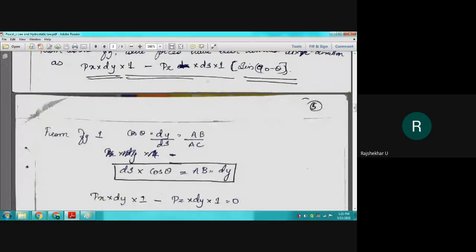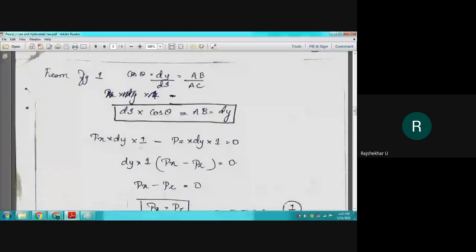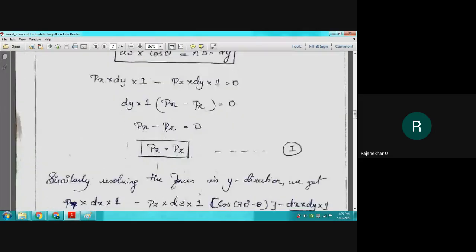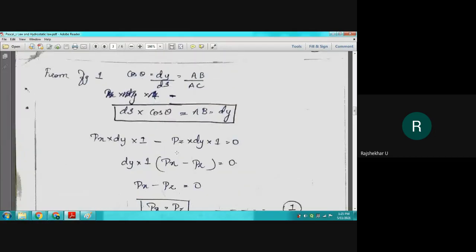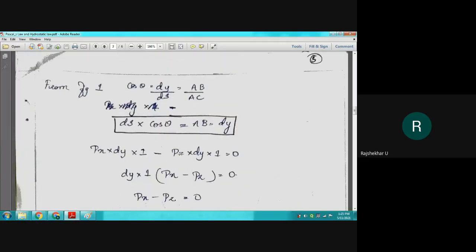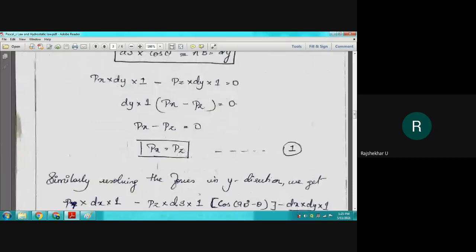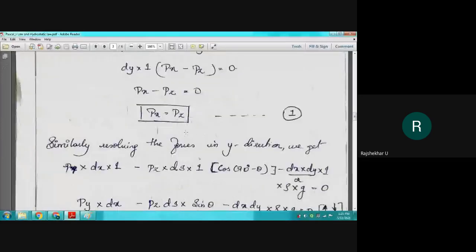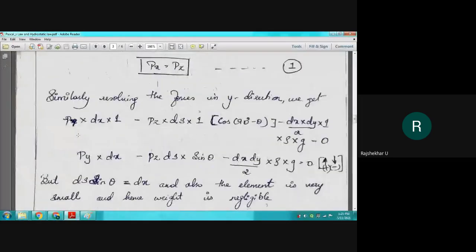So see here, what will remain is px minus pz. So px will be equal to pz. This is when I consider forces in x direction. Similarly, if I consider forces in y direction, then we will get these components.